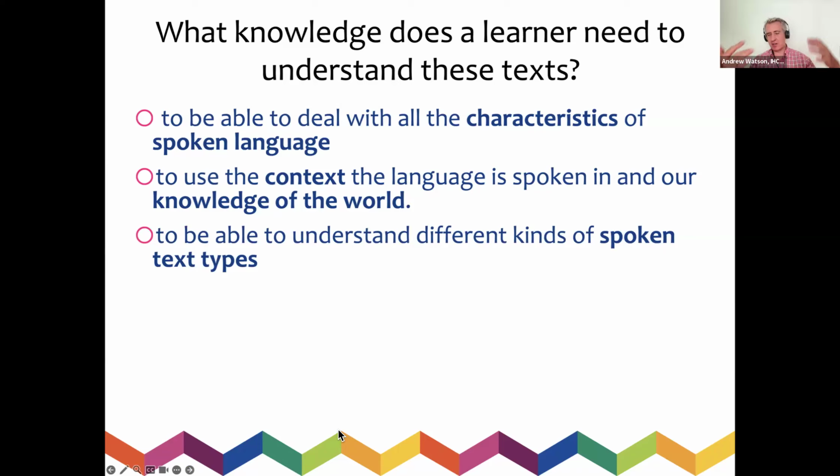And sometimes we bring this knowledge from our first language. Students don't come to English with no knowledge of the world at all, do they? A lot of their knowledge is formed through learning Spanish, right? And some of the text types and that knowledge will be useful to them when they come to learning English because it's not so different.